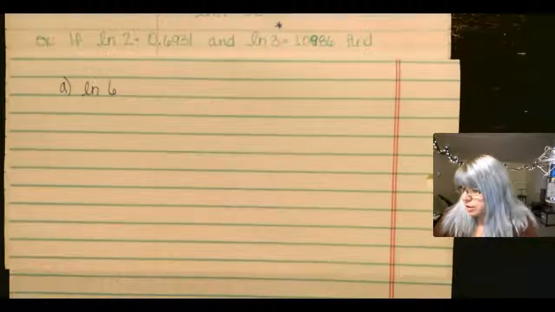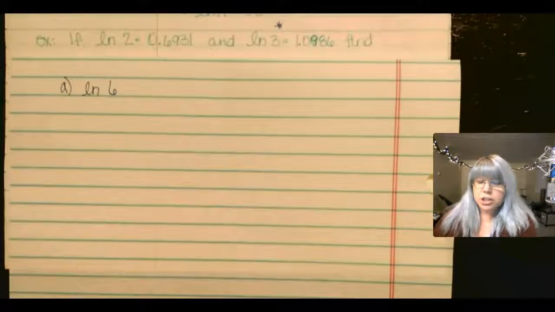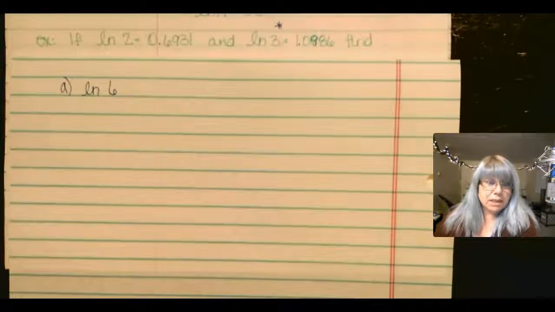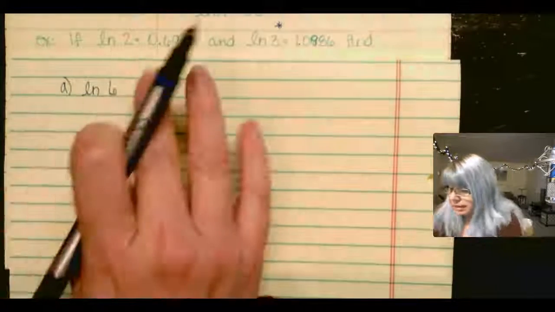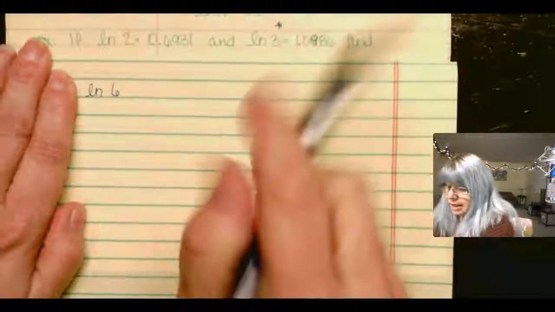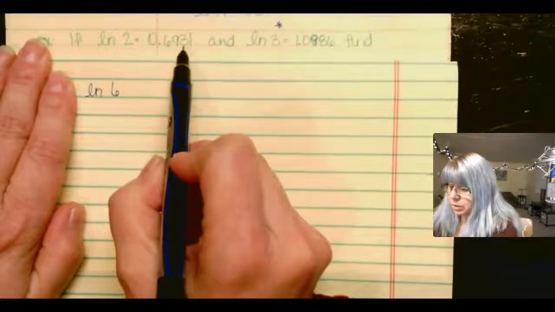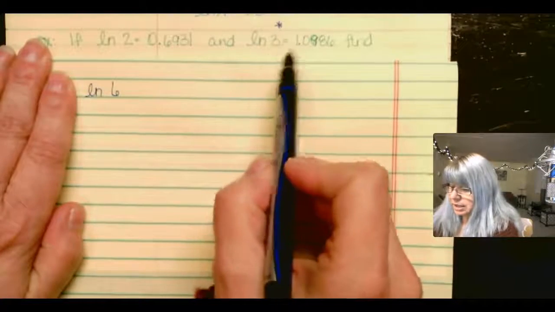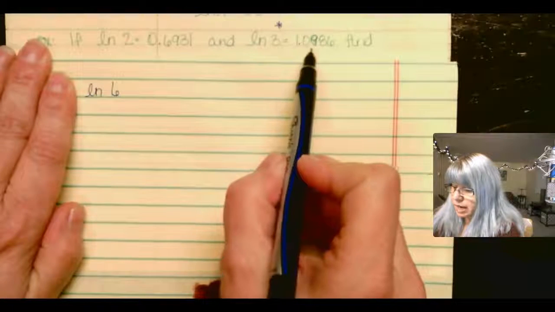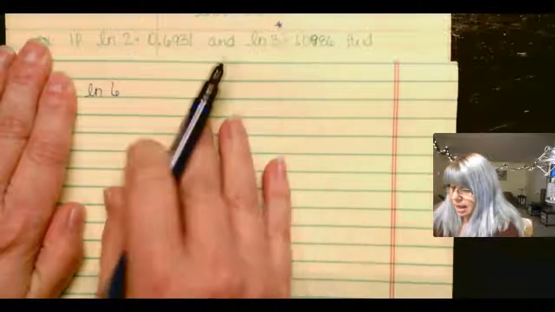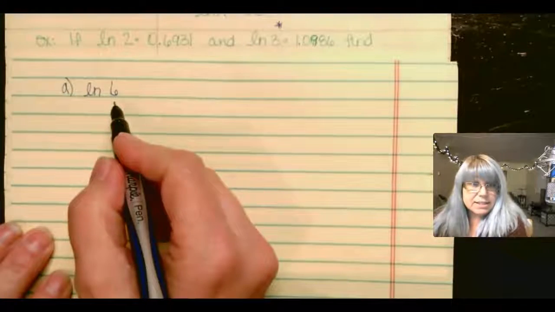All right, so let's use some information to try and solve a more complicated problem. Let's say the ln of 2 is 0.6931, and the ln of 3 is 1.0986. And we want to find the ln of 6.